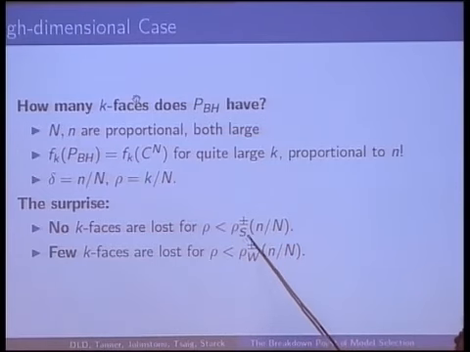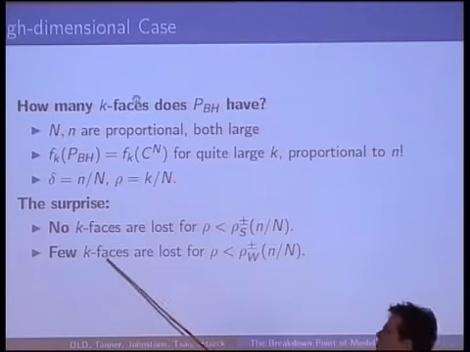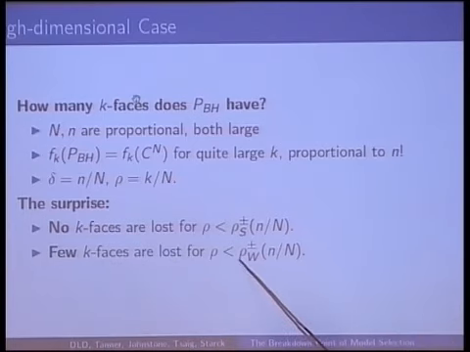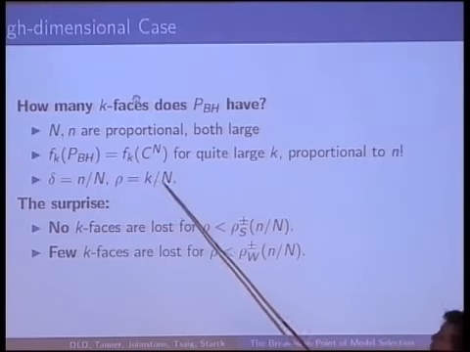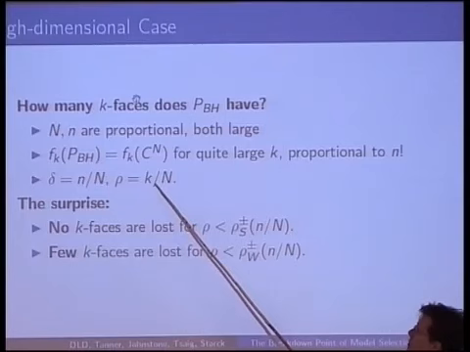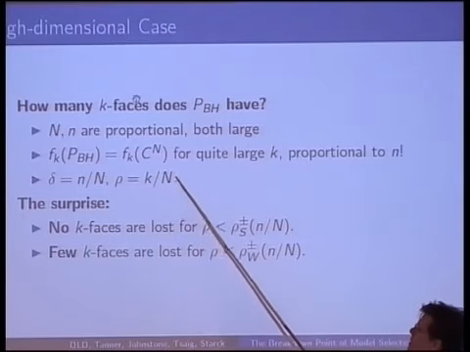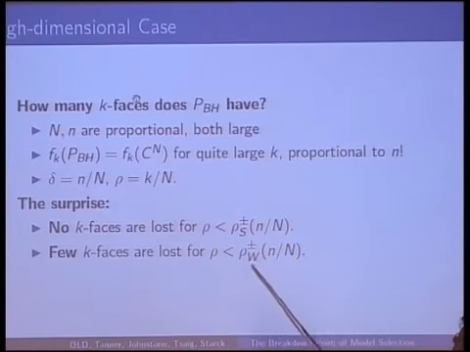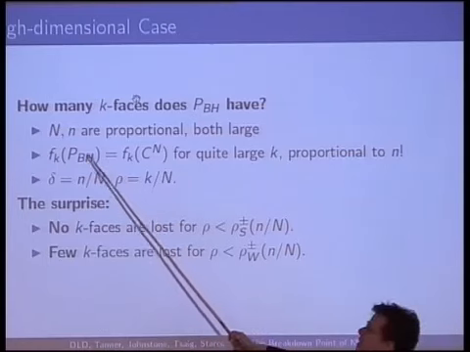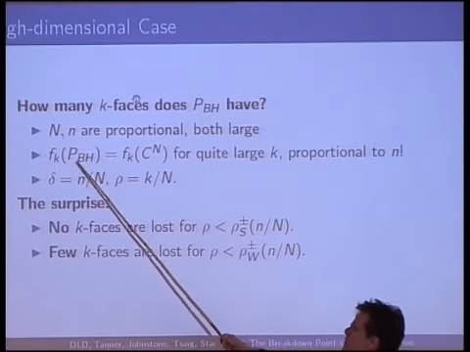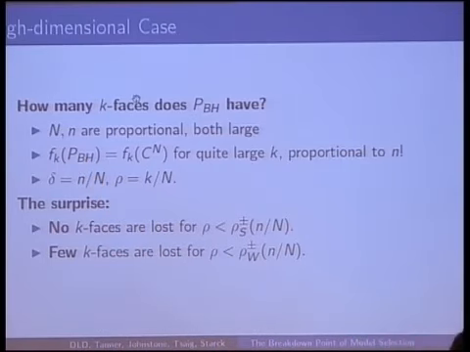There's a couple of results, and I'm not really going to have the time to talk about all of them, but I'll focus on this one here, that essentially almost no faces are being lost up to some level rho, where rho is k over n. Sorry, that should be k over little n. I don't know how that happened. So there's some critical dimension, in the size of the dimension of the face, at which you start to lose faces.